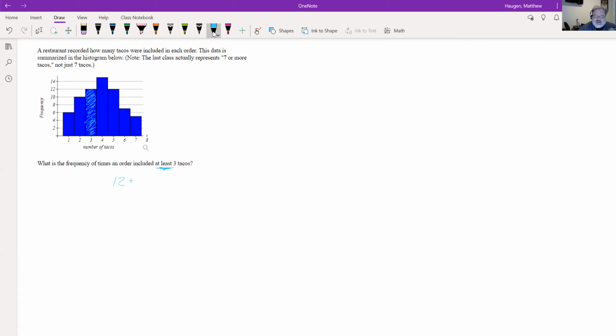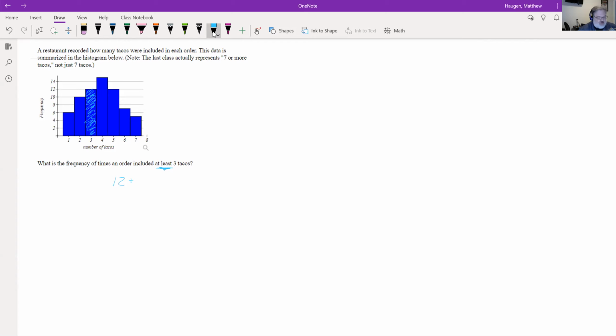The issue then is, do we count down? Do we count all the ones with 2 and 1, or do we count upward: 4, 5, 6, and 7 plus? Now, at least 3 tacos, if you have, say, 2 tacos, is 2 tacos at least 3?